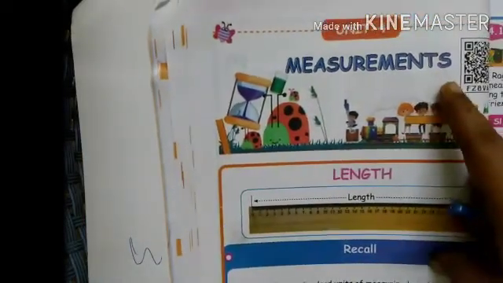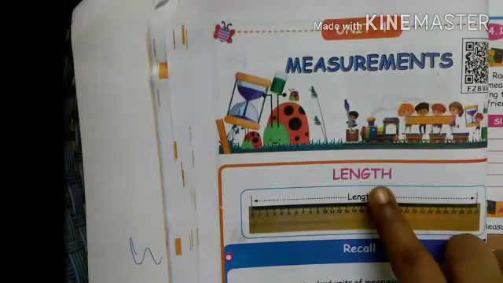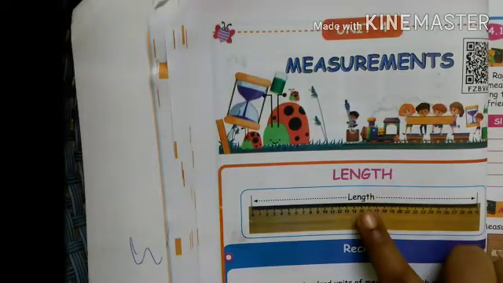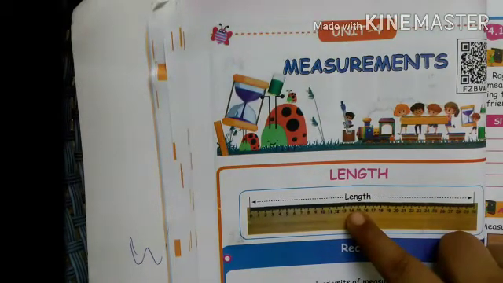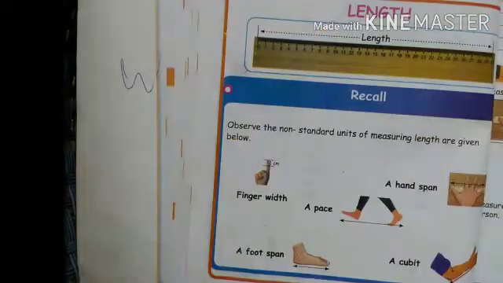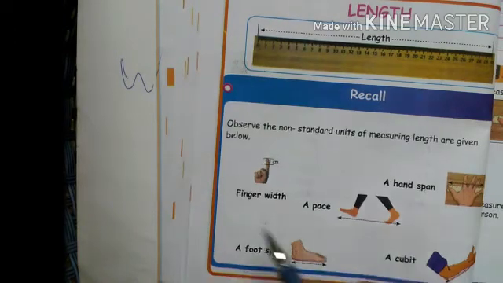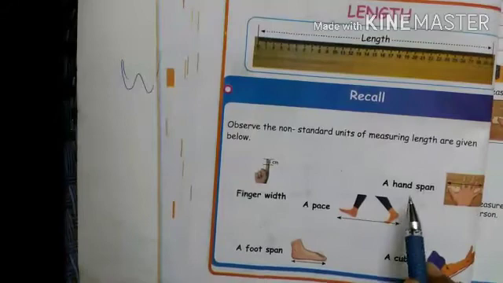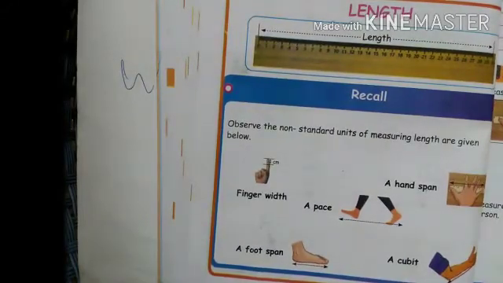Unit for measurement: measurement is done with the help of a ruler. Measuring length uses non-standard units and standard units.